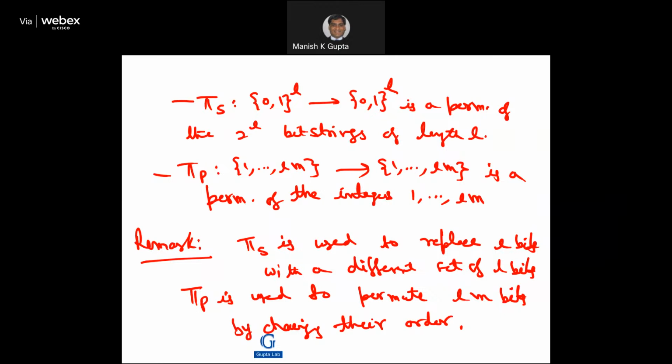Basically, some permutation is applied, right? That's why it is called substitution: you are taking L bits and substituting them with some other L bits. Obviously, this is also a kind of permutation, but we specify substitution because we are replacing L bits with other L bits. And this is changing the order, so this is a permutation.